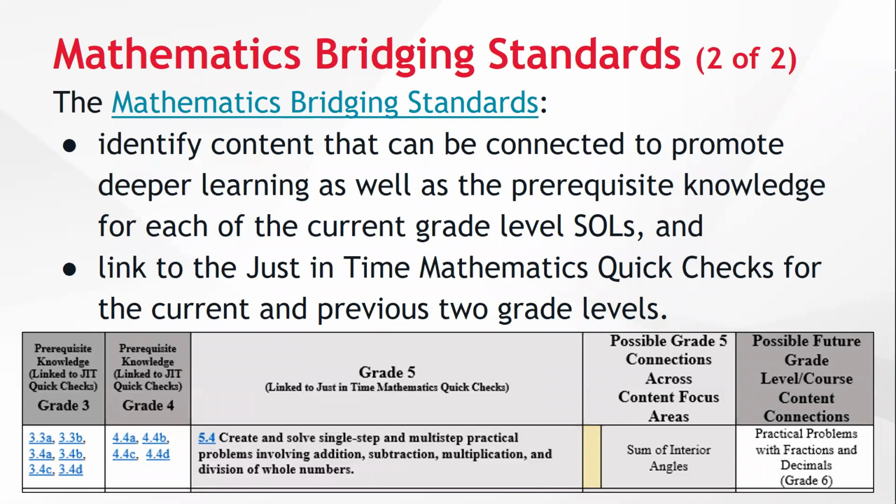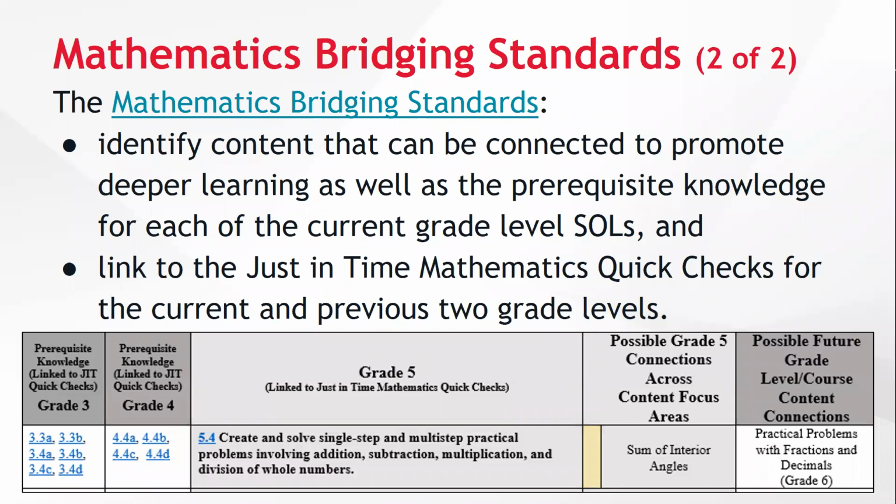In this image taken from the table shown on the previous slide, we can see the bridging standards that provide the foundation for success for SOL 5.4, the prior learning that is needed for success with the content and skills associated with SOL 5.4.